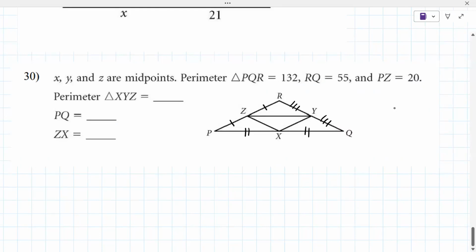Okay, so if you know that R to Q, which is this one down the road, then what are each of the ones? I apologize for my internet being unstable again. The whole length here is 55. So what is each of these lengths?